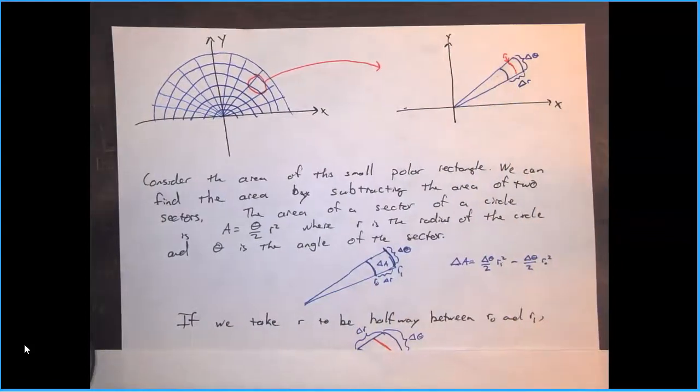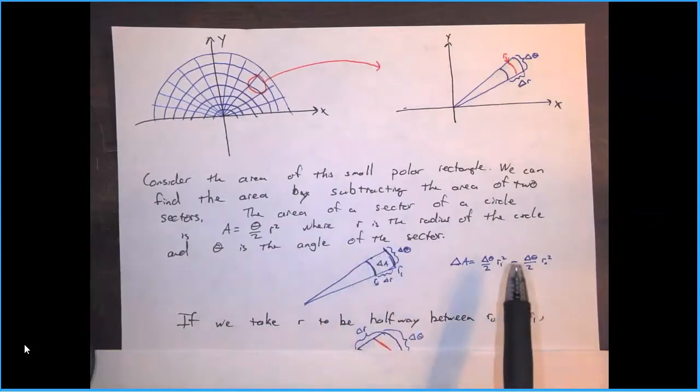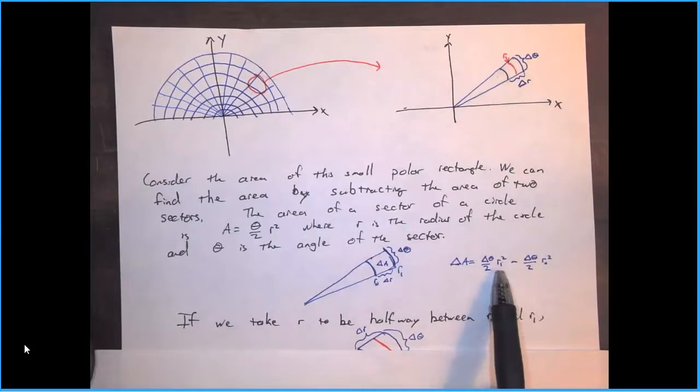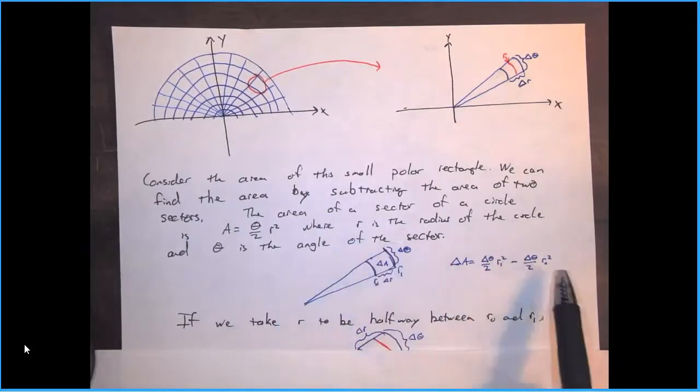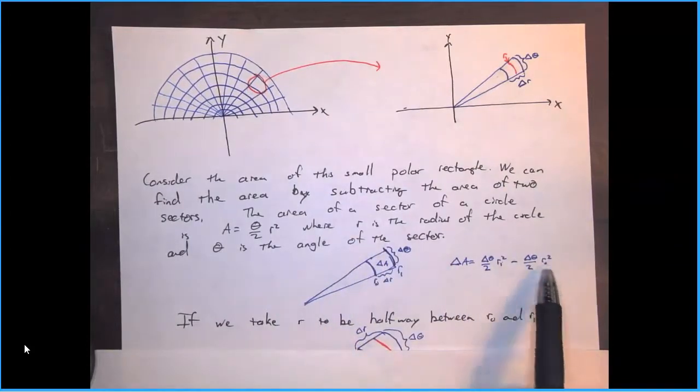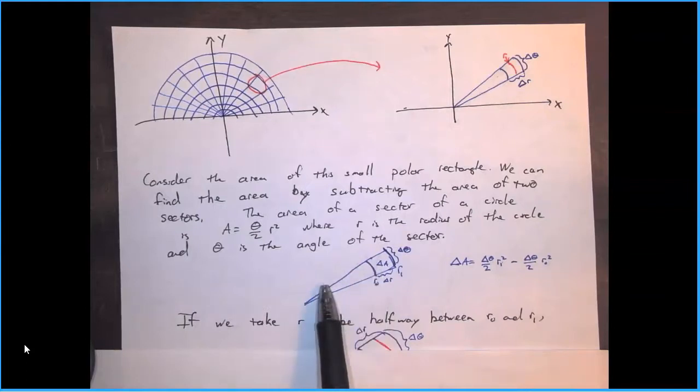One way is just calling them r0 and r1. So r0 is the radius of the smaller sector, r1 is the larger sector. So then my delta A, the area of this region, is going to be delta theta over 2 r1 squared, that's the area of the larger sector, minus delta theta over 2 r0 squared, which is the smaller sector.